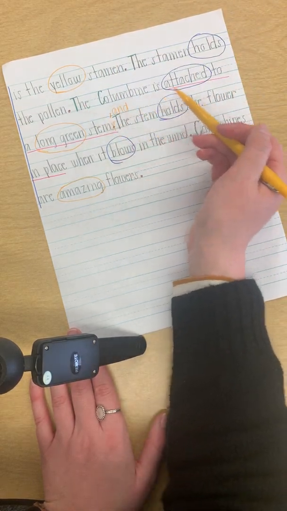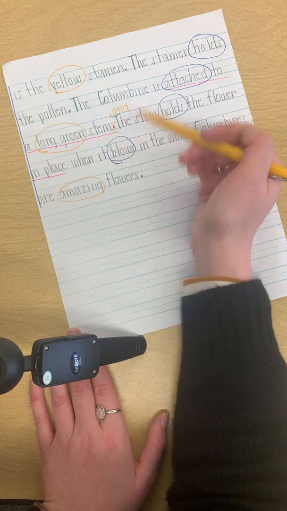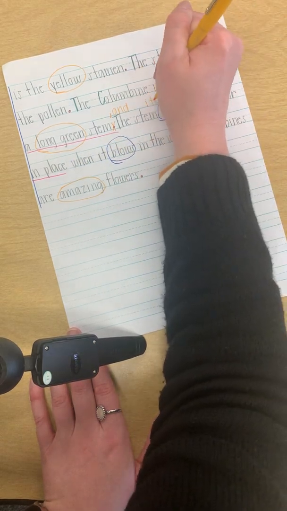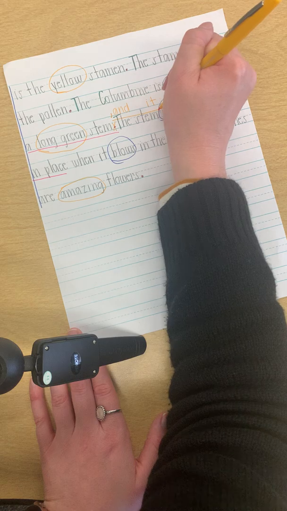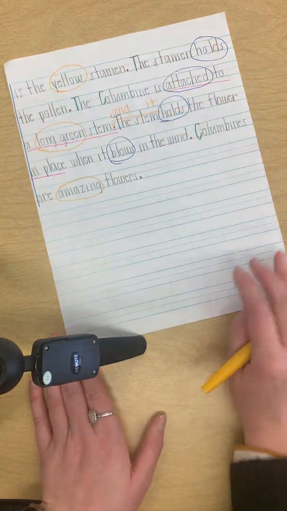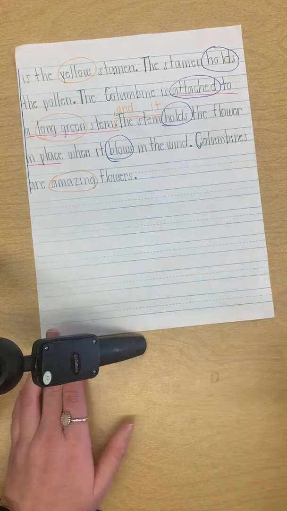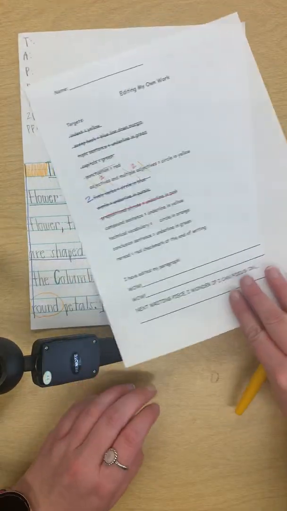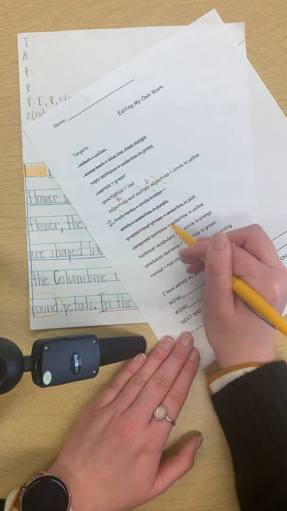So the columbine is attached to a long green stem, and it holds the flower in place when it blows in the wind. So there's my compound sentence. That's how I added it. So I'm going to cross that out.